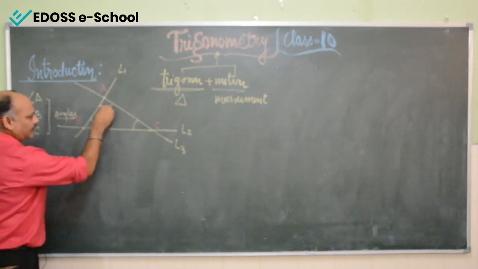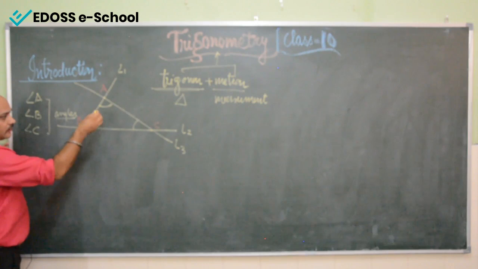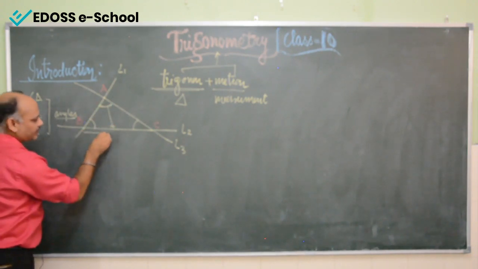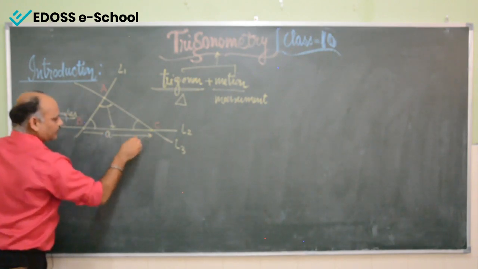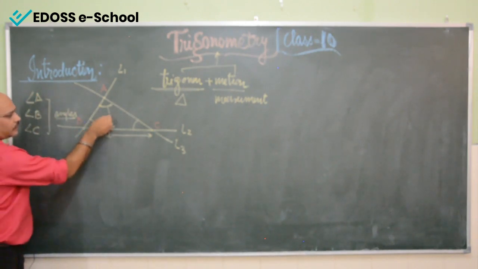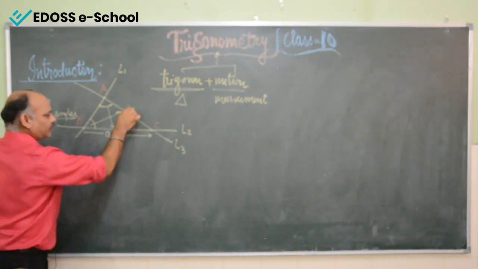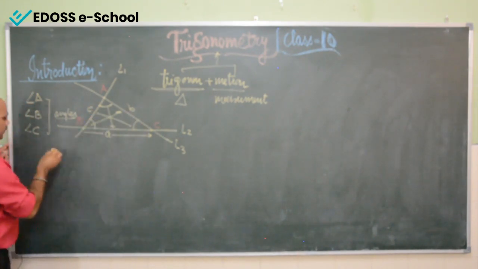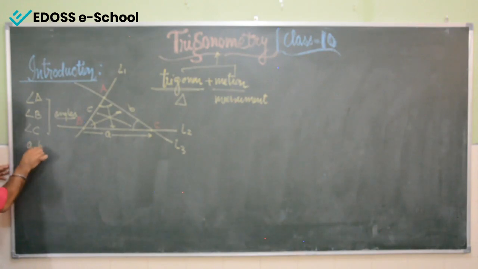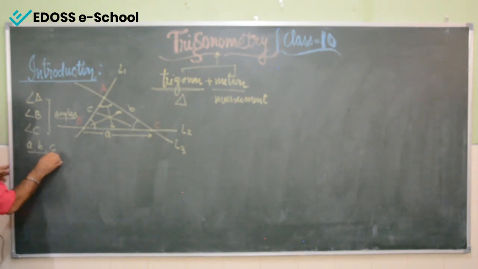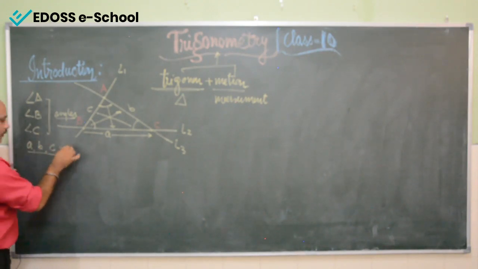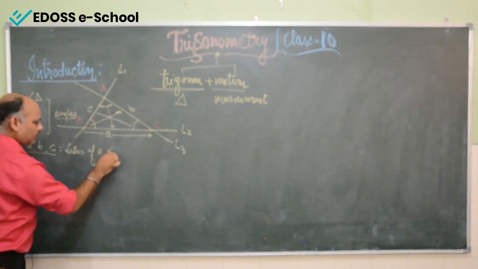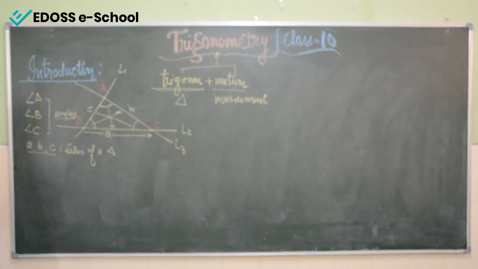Suppose this is angle A, then the side opposite to this angle is written as small a. The side opposite to this is written as b, and the side opposite to this is written as c. That means small a, small b, and small c are the three sides of a triangle.